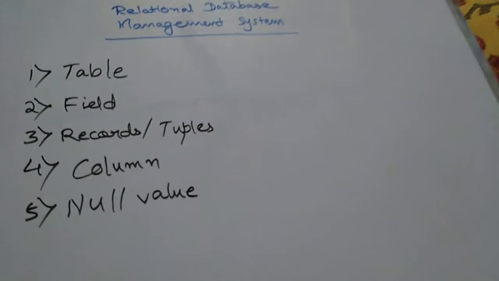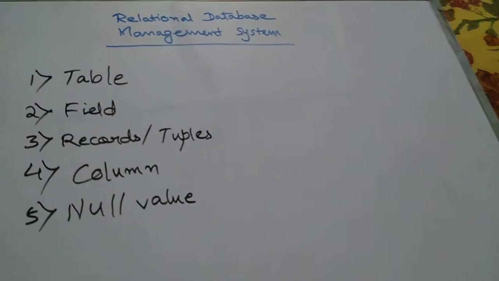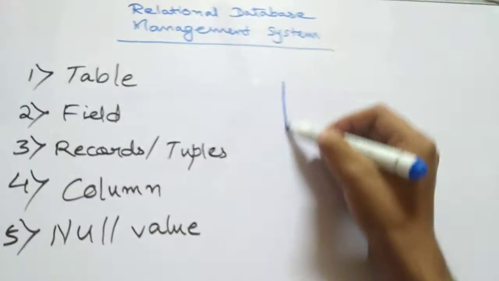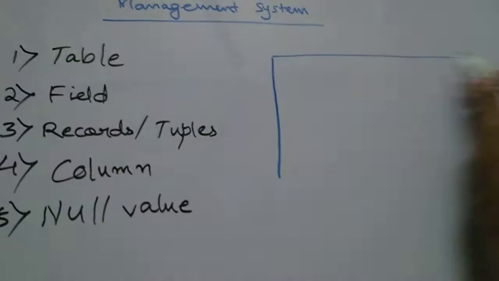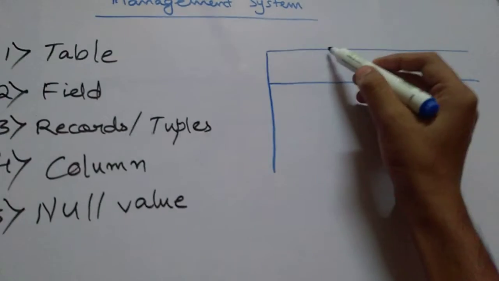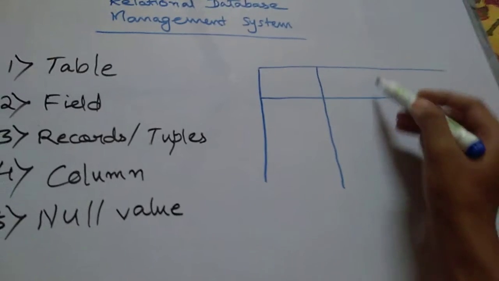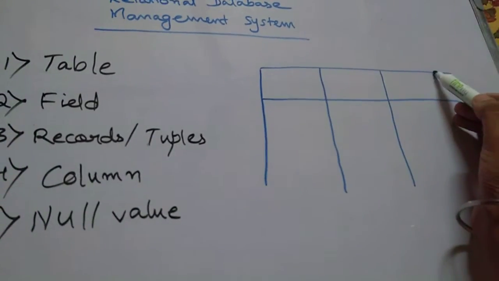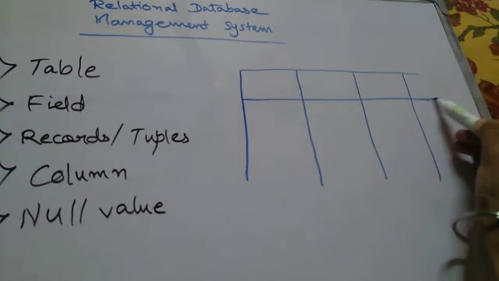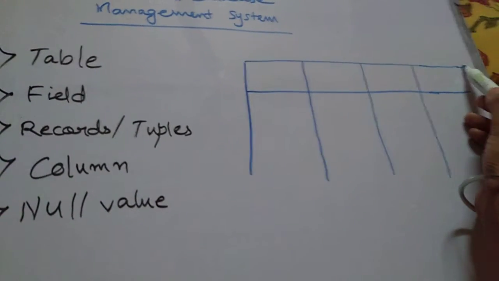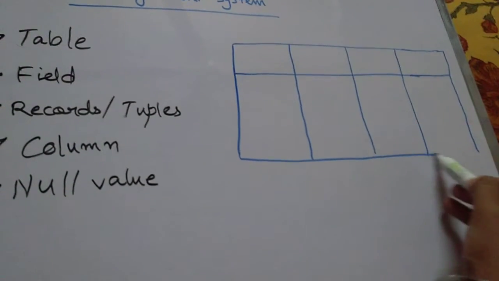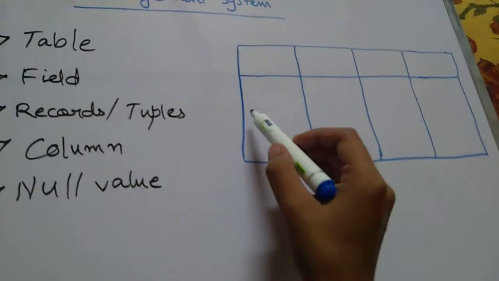Now, how will I explain all these terms from a single example? Let's see. We all know that in database management system, data are stored in an organized manner. Now, this organization of data can be done in form of tables also, and that is a major concept behind the RDBMS.